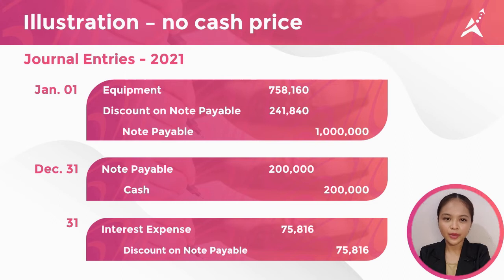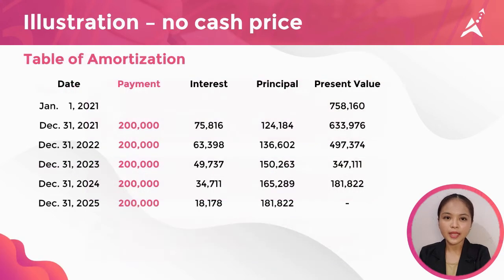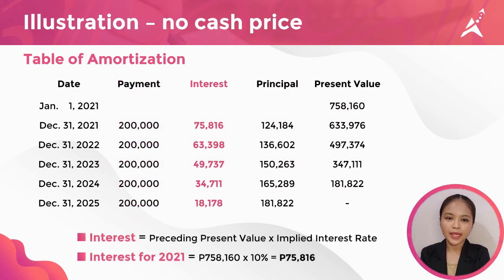To find out how the amortization amount was obtained, let us look at the table of amortization. On the column of payment, at the end of every year, the entity will pay equal installments amounting to 200,000 pesos. The next column represents the interest, which is equal to the preceding present value multiplied by the implied interest, which is 10%.